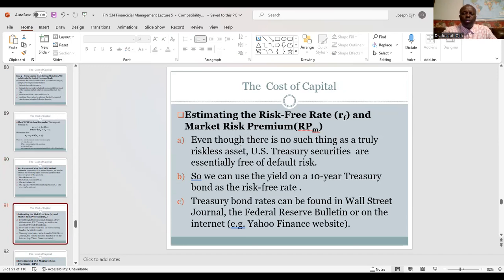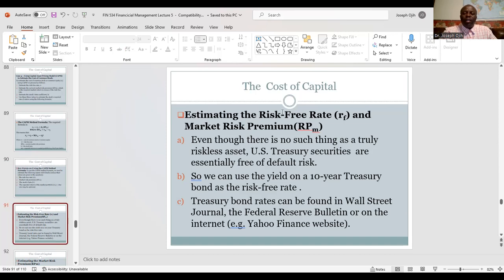Of course, no asset is actually risk-free, but US Treasury securities are assumed to be risk-free because America has never defaulted on its debts. So we can use the yield on a 10-year Treasury bond as the risk-free rate.